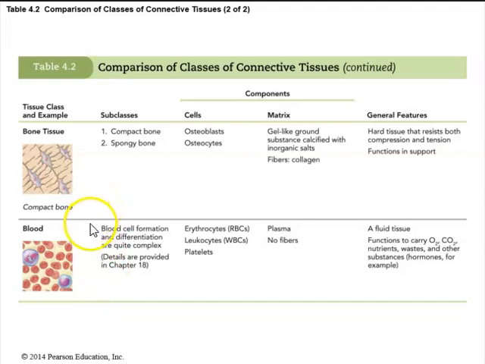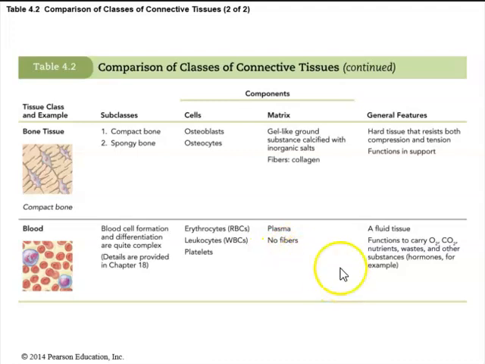We know that blood cell formation and differentiation is very complex, and we'll talk more about blood in chapter 18. We have different types of cells within blood: erythrocytes, or red blood cells, leukocytes, white blood cells, and platelets. The matrix is composed of plasma. We don't have any fibers in blood.